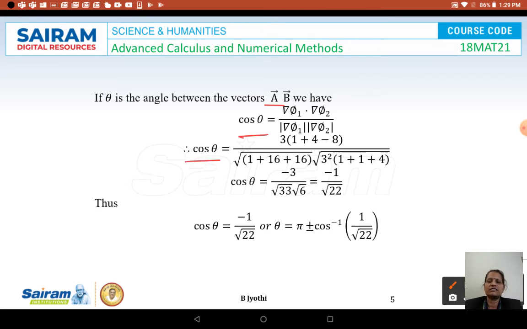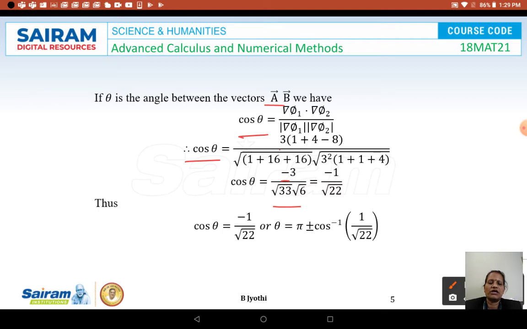So cos theta, taking the dot product between del phi 1 and del phi 2, we get 3 times 1 plus 4 minus 8 divided by root of 1 plus 16 plus 16 into root of 3 square into 1 plus 1 plus 4. On simplification, the numerator is minus 3 and the denominator is root 33 into root 6.